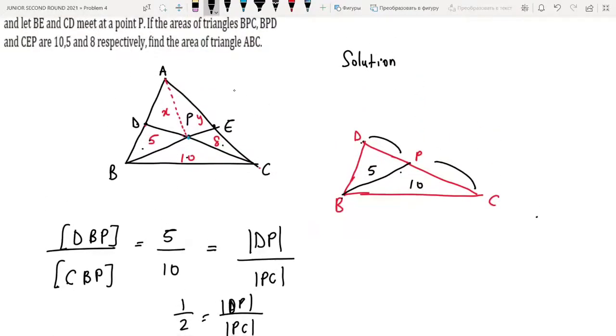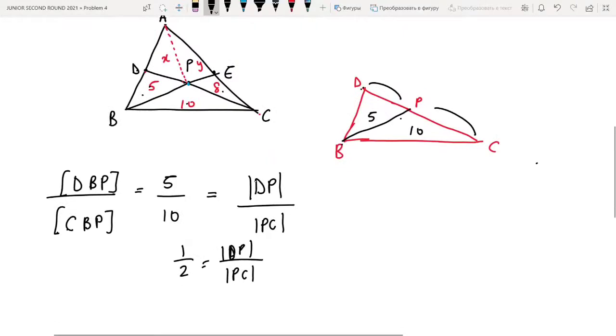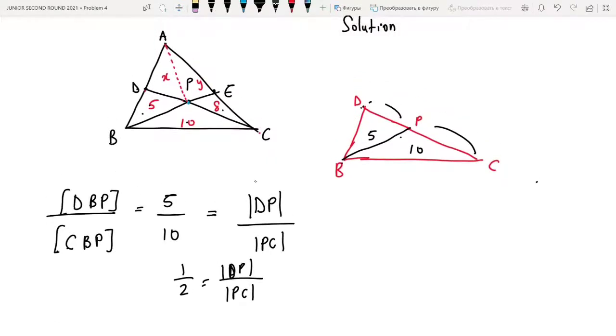You may still be confused about why I'm trying to find this, but this is where the lemma gets interesting: when there is more than one vertex that has DC as a base. If you look at this DC here, with the new line I introduced, AP, it's going to get a bit tricky, so I'll be using different colors.